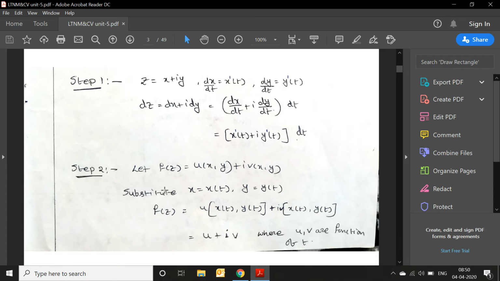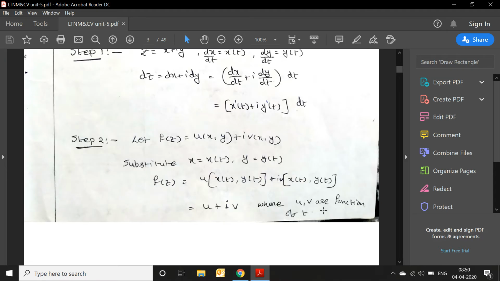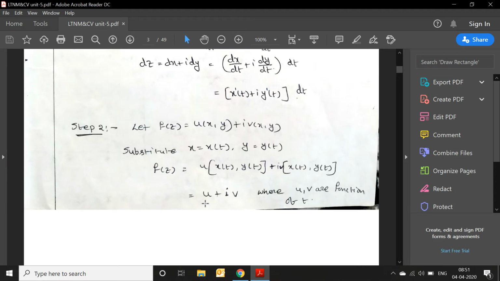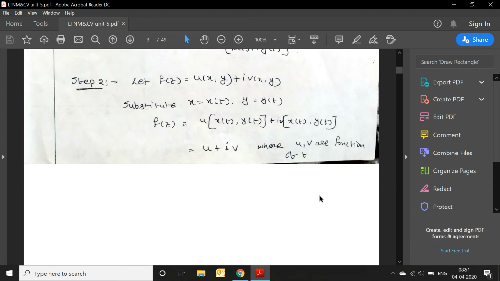The second step: let f of z is equal to u of x comma y plus iv of x comma y. Substitute x is equal to x of t, y is equal to y of t. F of z is equal to u of x of t comma y of t plus iv of x of t comma y of t, where f of z is equal to u plus iv. We know that u, v are functions of t.